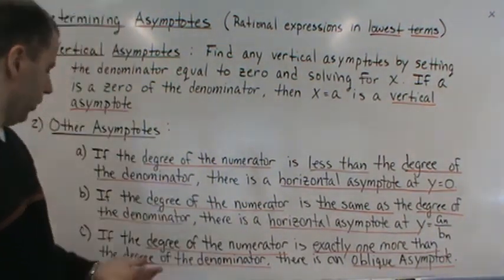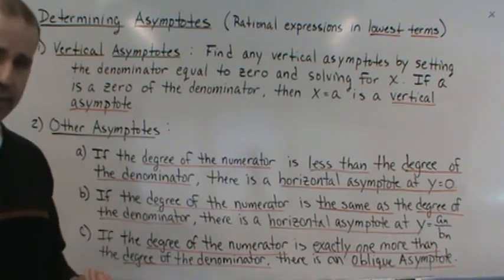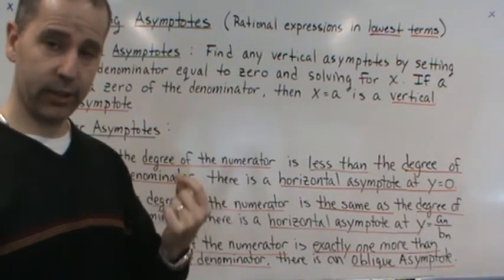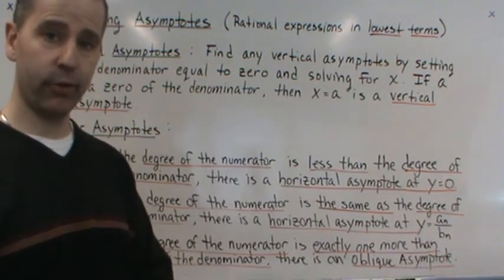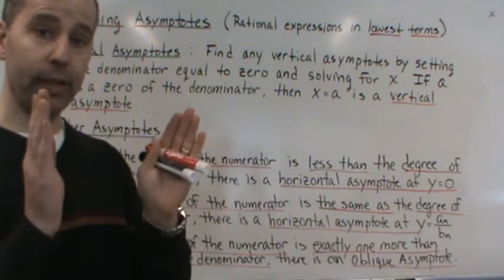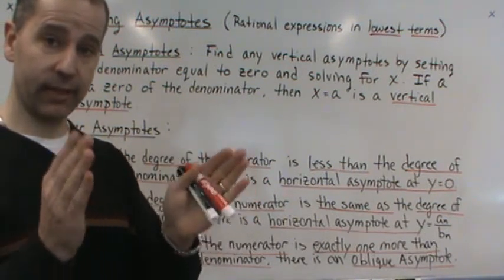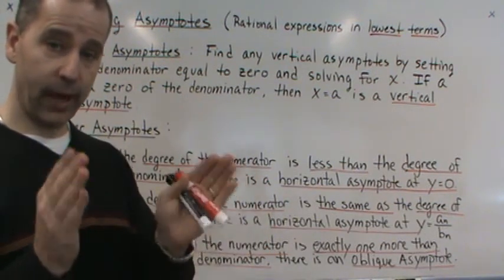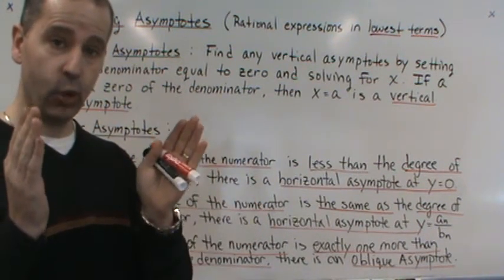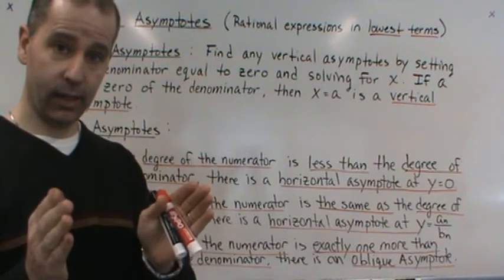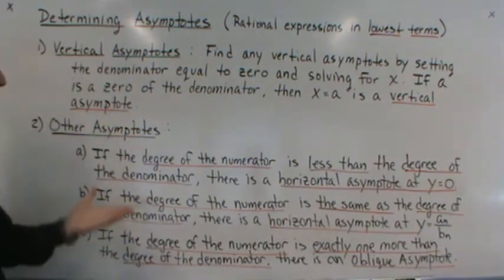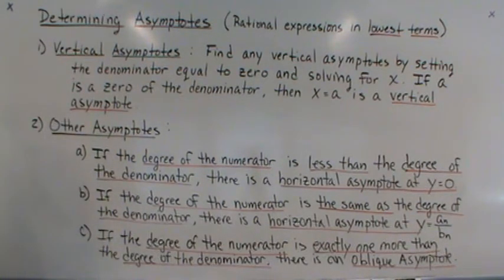So if the degree of the numerator is one more than the degree of the denominator, then we know we have an oblique asymptote. And how do you find that? You find it by using synthetic division and finding the quotient. The quotient will tell you the equation for the oblique asymptote. Okay, that's really it in a nutshell. That's how you determine the asymptotes.